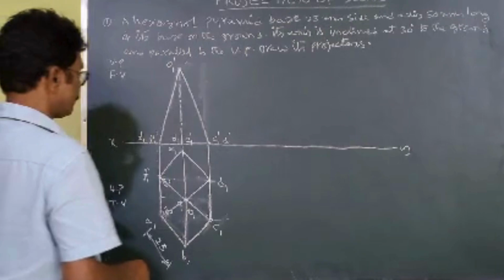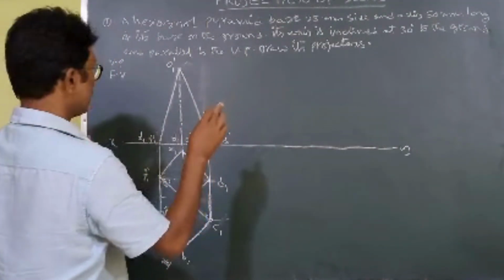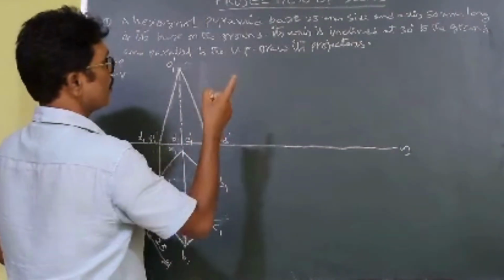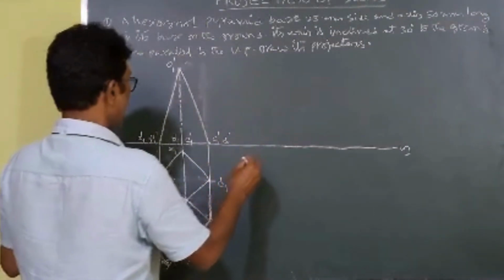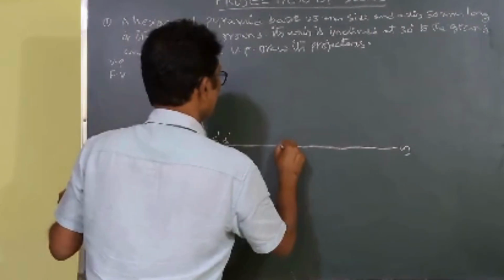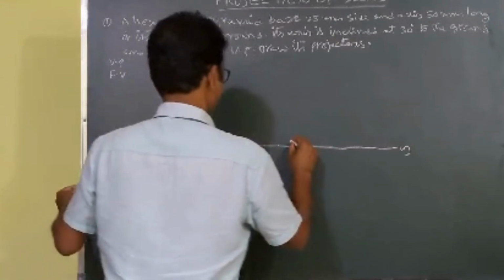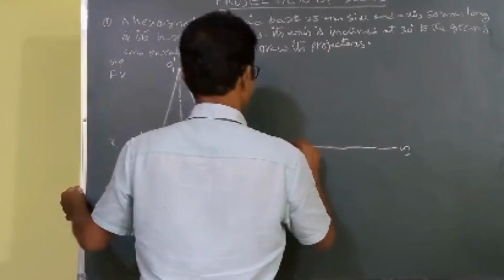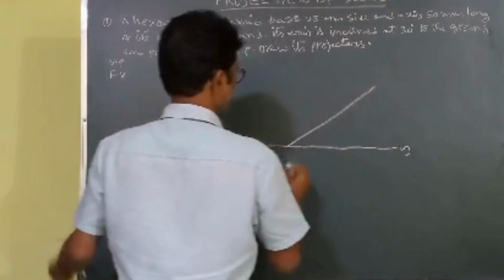Okay. Now the axis is making 30 degrees to the ground. So therefore here I would like to draw a line, the axis, making 30 degrees.